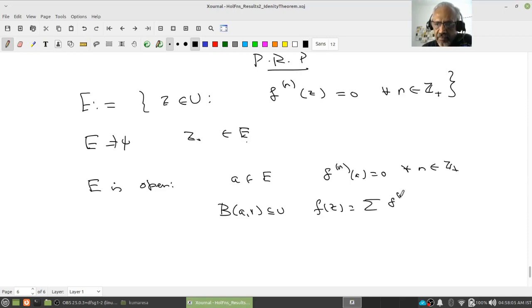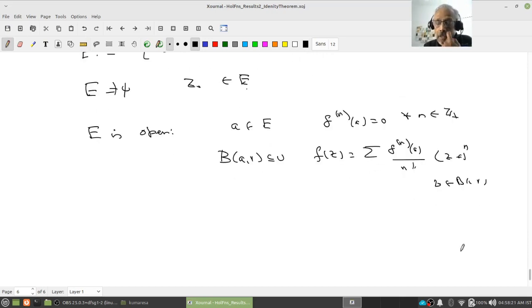That is the sum of f^(n)(a) by n factorial times (z - a)^n, for z in B(a, r). Okay. That means this function f is identically 0 on B(a, r). Please look at the subtle argument.